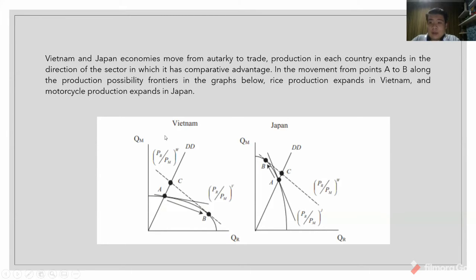So this is the graph as you can see. It moved from A to B along the production possibility frontiers in the graph below. Rice production expands in Vietnam and motorcycle production expands in Japan. The purpose of the chapter is to analyze the processes much more carefully.